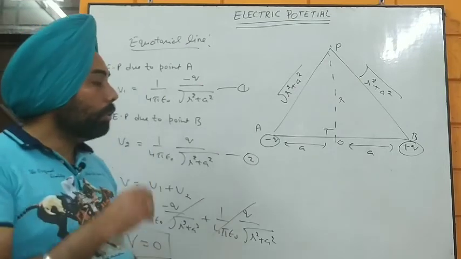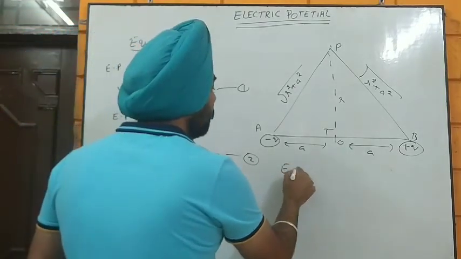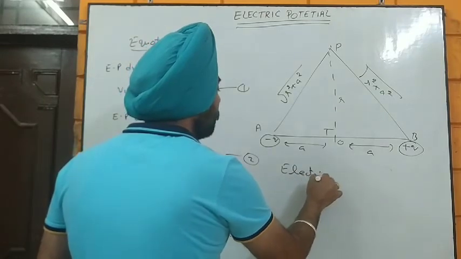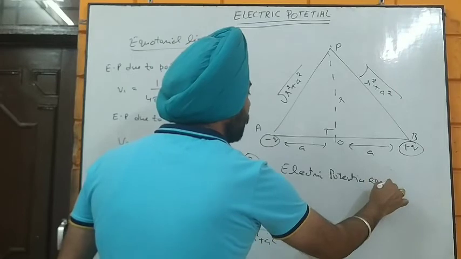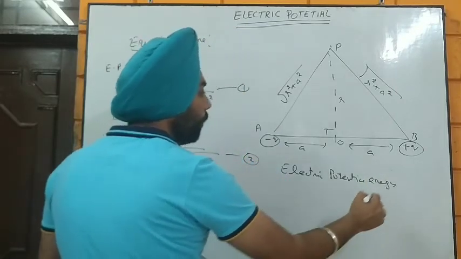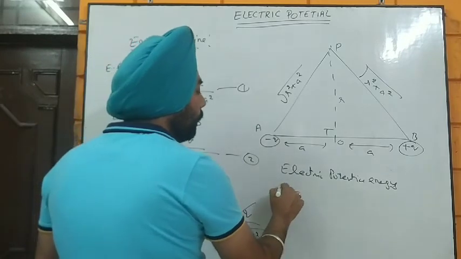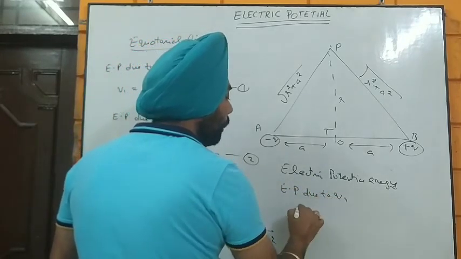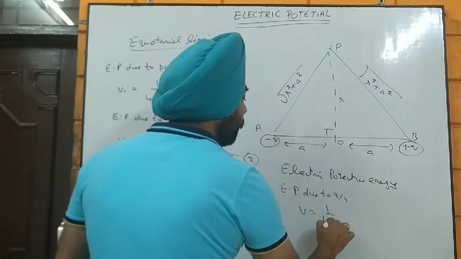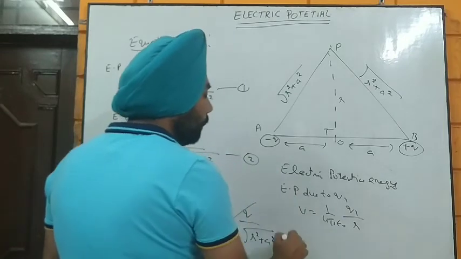And if you want to solve electric potential energy, that is also going to be a very simple topic for you. So you know the electric potential due to Q1 is going to be 1 over 4 pi epsilon naught Q1 upon r.